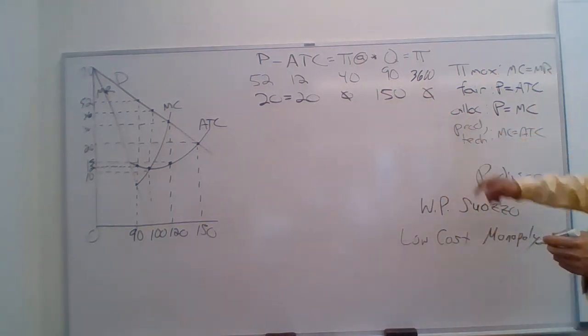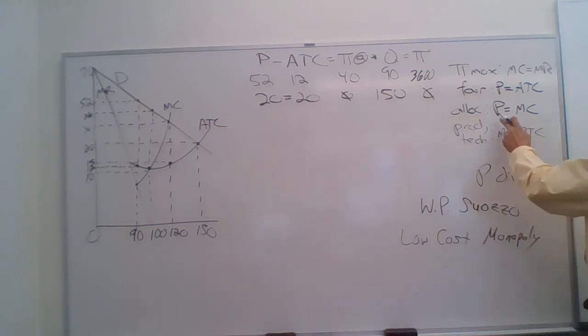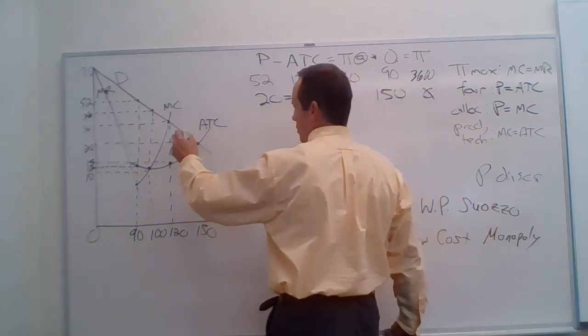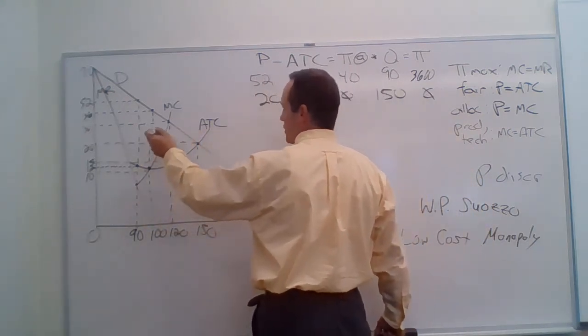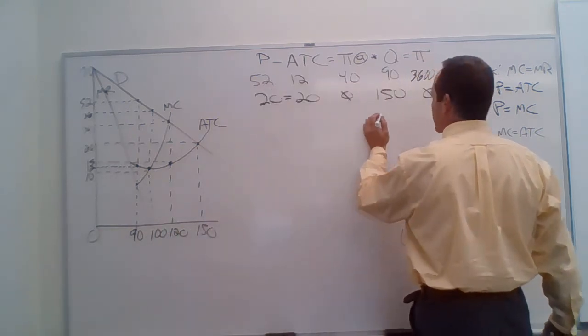What about allocative efficiency? Allocative efficiency is to make sure the public knows how much this product costs. It's defined as price equaling marginal cost. Prices are found along the demand curve. Marginal cost is here. They are synonymous at quantity 120.